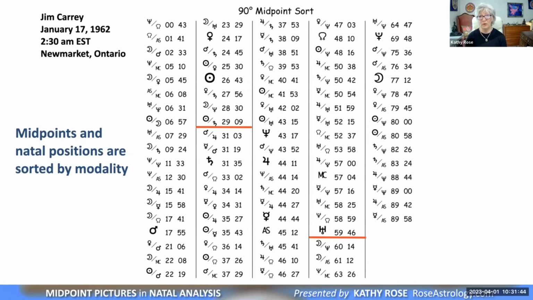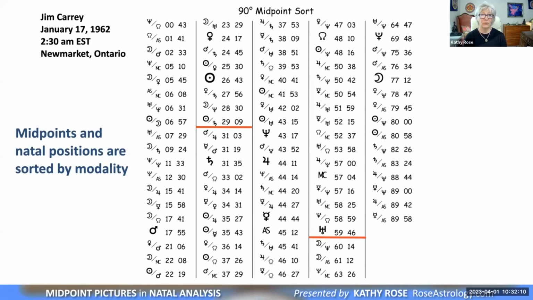Solar Fire, I know you can find it, and I think it's called 90-degree mode for midpoint options. And I can't address the other programs because I haven't viewed them. But this is a very common thing, the midpoint sorted in a 90-degree dial, which then puts all the midpoints in natal positions sorted by modality.